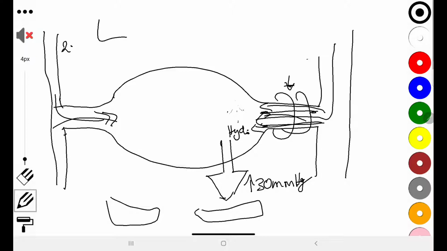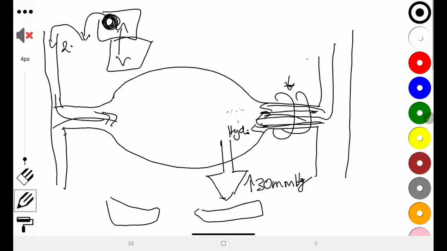If the right side of the heart is failing, it means it's pushing pressure up into the atria, and if the pressure in here is higher, it will push pressure back down into the venous side.